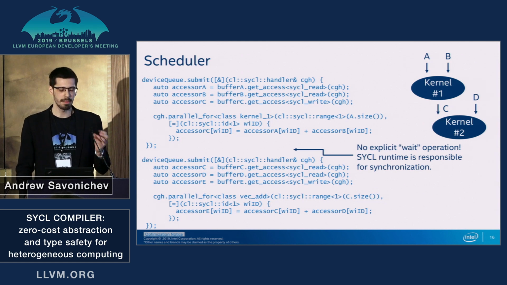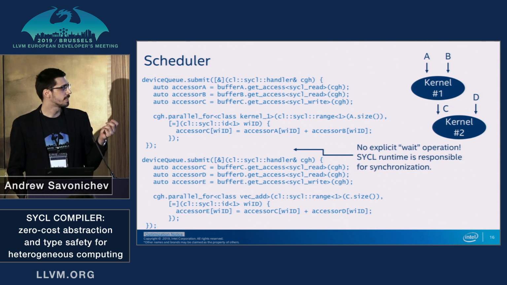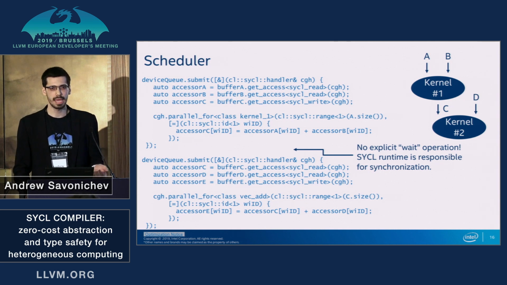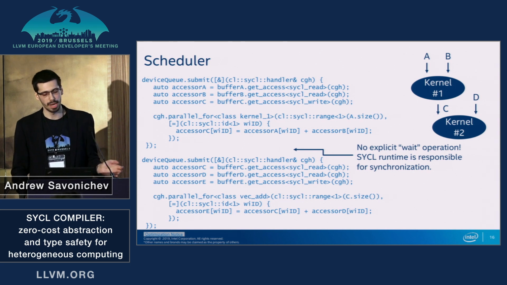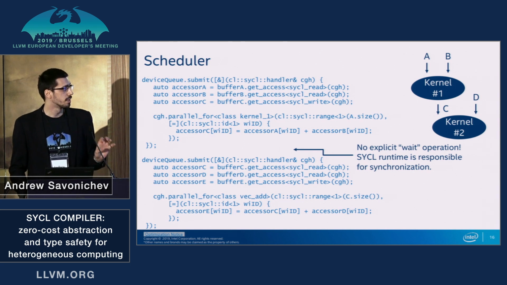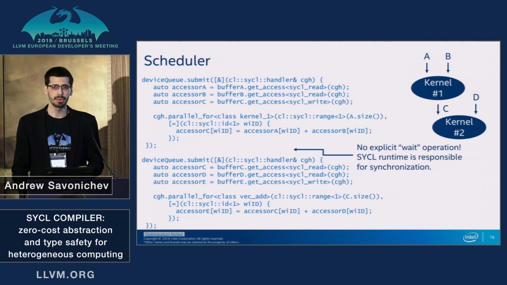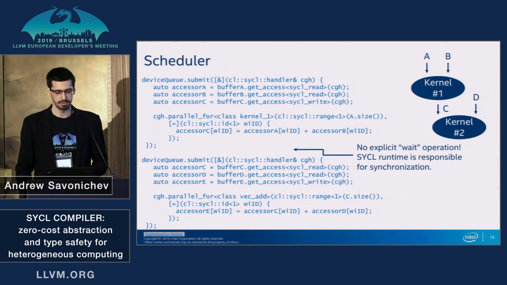It tracks the memory dependencies, it tracks the input buffers, output buffers, takes access type into account, like read and write, read-write access, and so on. So the runtime schedules this graph properly, so there is no conflict with the data-dependent kernels. And if there is a possibility to parallelize the work, the runtime will attempt to do that.